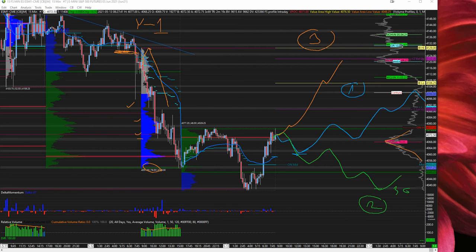Scenario 4 will be a sell-off down to below the overnight low, which is at 29. Below that we have a gap, and the gap mid, and then the gap low as well. So that's scenario 4. So that's my scenarios for today.